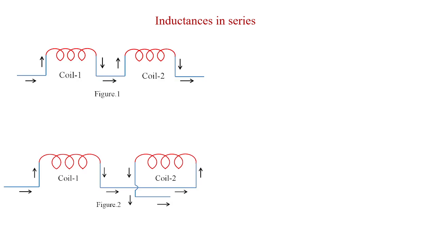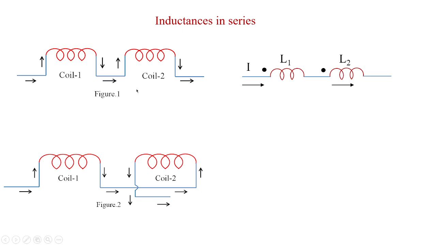First, we need to see what we have studied earlier about inductances in series, where you have the coil 1 and coil 2 arrangement under figure 1 and figure 2 as cumulative and differential. To understand in a better way, I put a dot convention like this, assuming coil L1 and coil L2, the current flowing into the coils is in the same direction. You can see the dot convention and the direction of the current are the same in both coils.